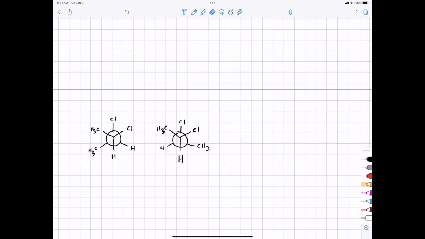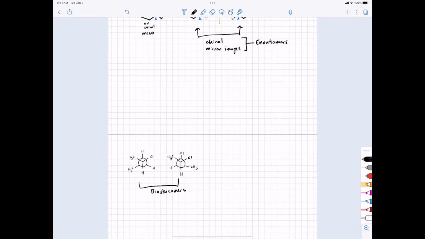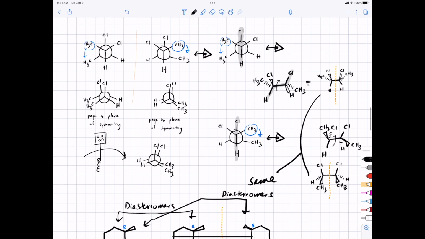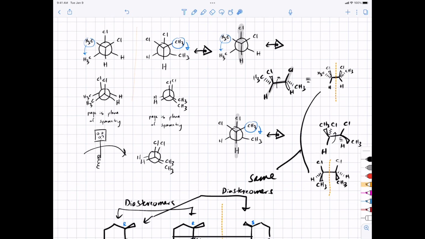And you would need to go through and demonstrate that they're not mirror images of each other, and they're not the same thing, and therefore they're diastereomers. Okay? So what is the relationship between these two compounds? These are diastereomers. These were not enantiomers, even though they're mirror images, they're the same thing. Okay, this is going to take some practice, and you're not going to get good at it until you make a ton of mistakes. So go start making mistakes on these kind of questions.